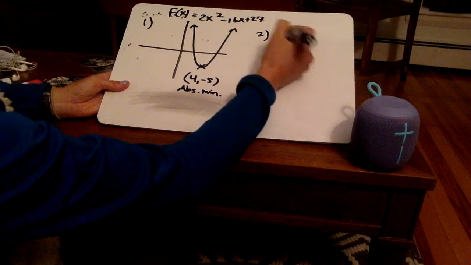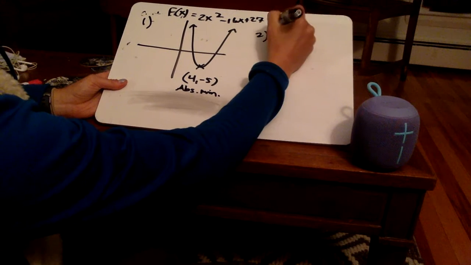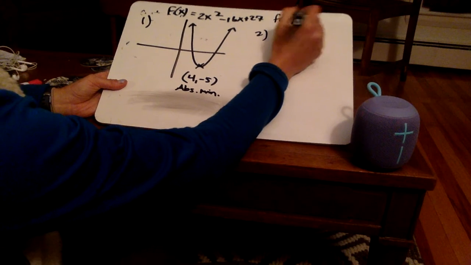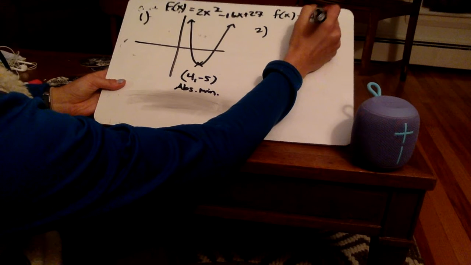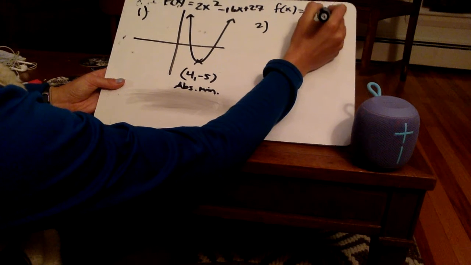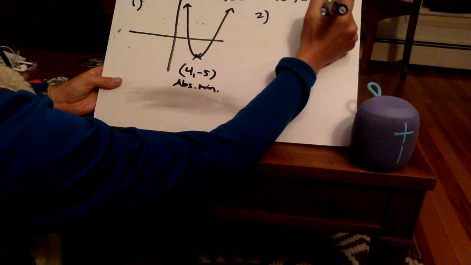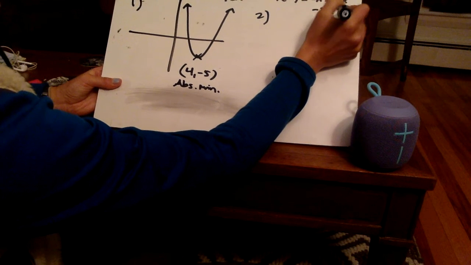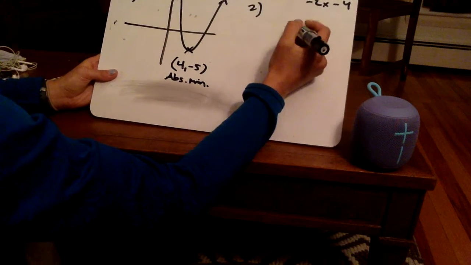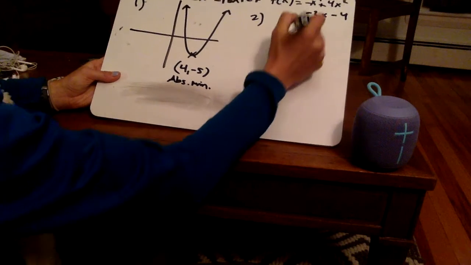So then in number 2, I have the function f of x equals minus x to the 4th plus 4x squared minus 2x minus 4. My graph looks really funky.